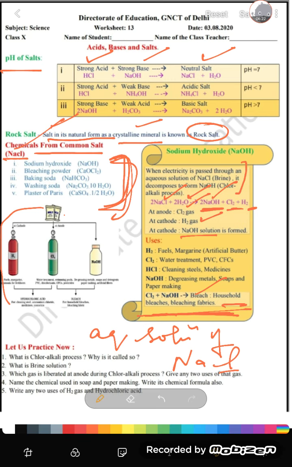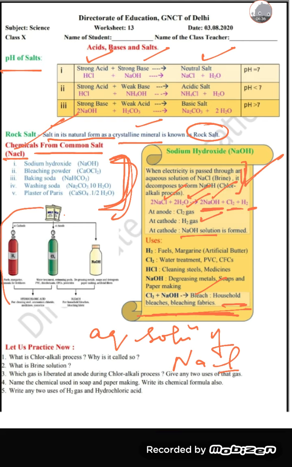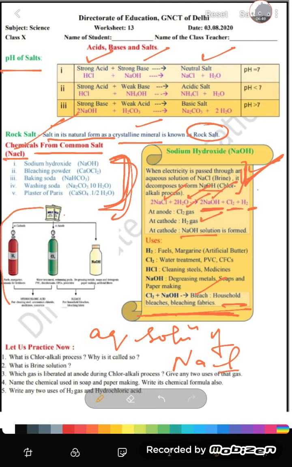Now comes your question answer part. First question: what is the chlor-alkali process and why is it called so, right? This is the answer. When electricity is passed through an aqueous solution of NaCl, it decomposes to form NaOH, and this process is called the chlor-alkali process, right?